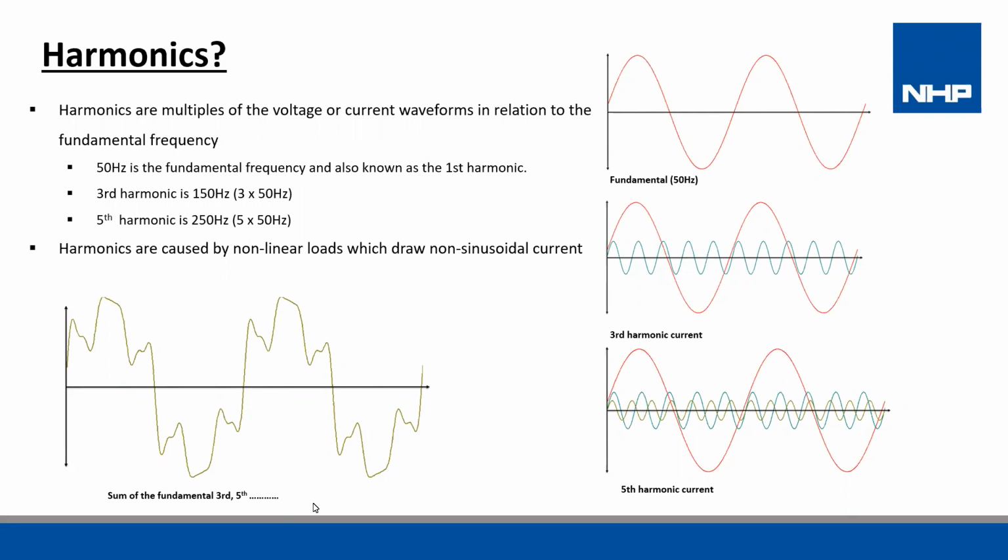And then the sum of the total harmonic current, which can be seen as a heavily distorted waveform, which is what harmonic mitigation corrects to produce a smooth and healthy waveform, as harmonic distortion can cause serious issues at an electrical installation.